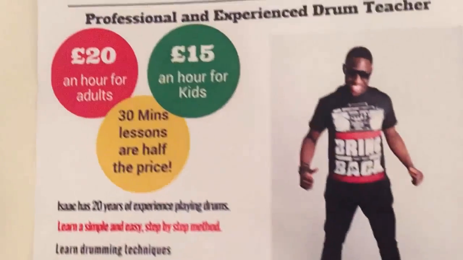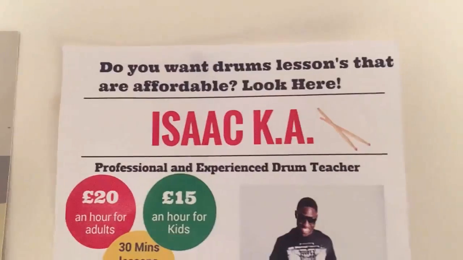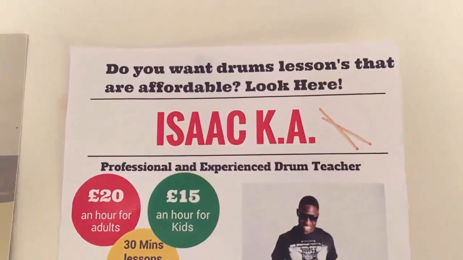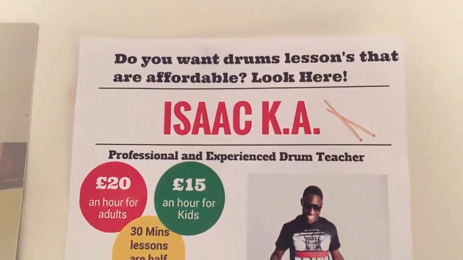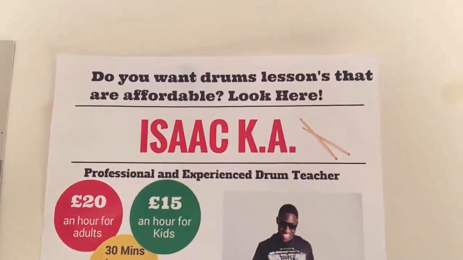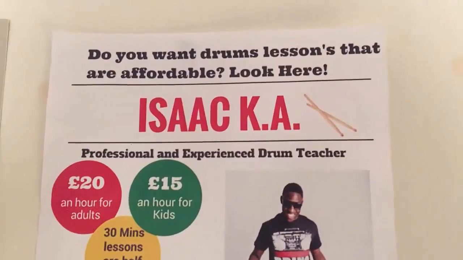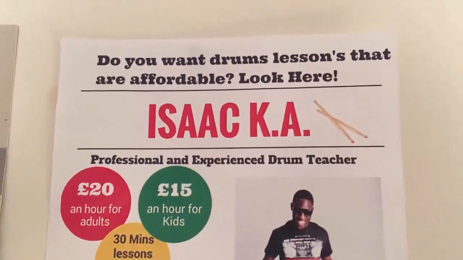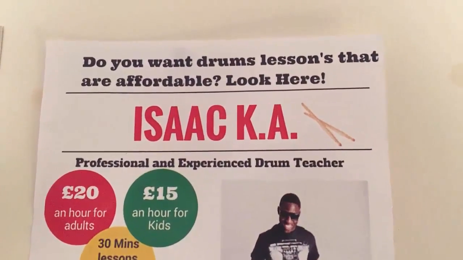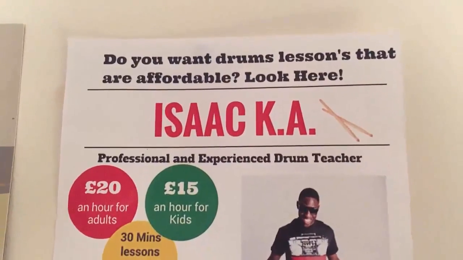So now we start moving to some of these independent ones, and this is a place near where I work out, and you can see here, I like what Isaac has done there at the top. He said, you want drum lessons that are affordable. Look here. Now, remember what I said as far as the order that you want to look at these things. You start with the list, then the offer, and then the copy.